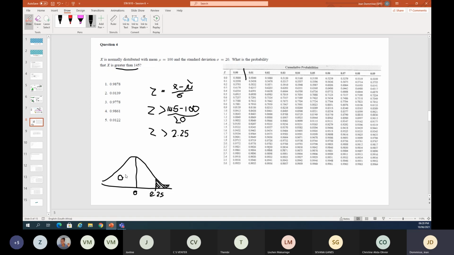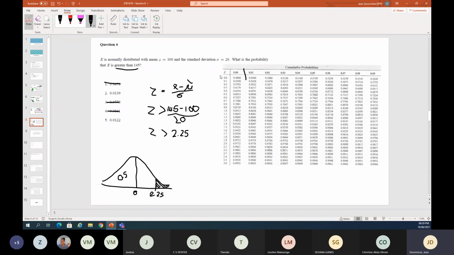If that whole part is 0.5, then the small area will be less than 0.5. So if it is less than 0.5, it can't be that, can't be that, can't be that. Awesome. If you didn't know how to use the table, you actually just have two that you need to guess from. Okay, so now we can go to the table.